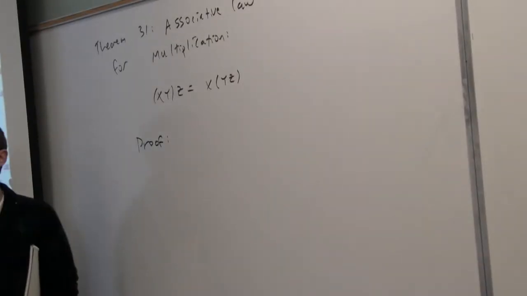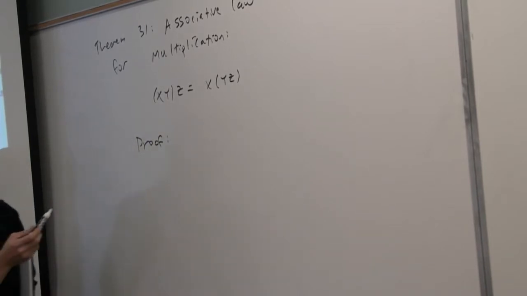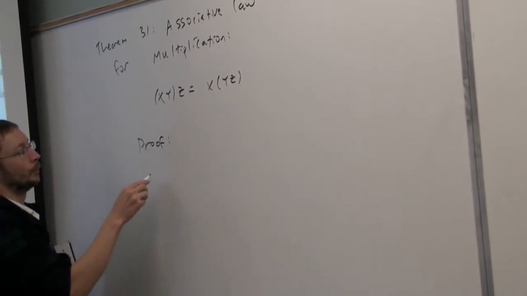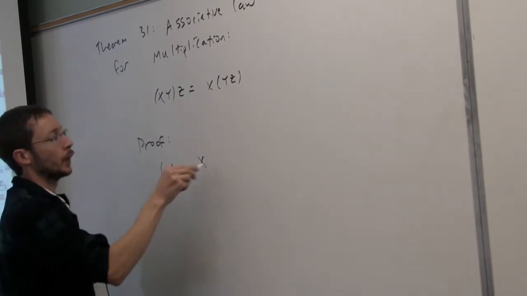If you think back to the proof of the associative law for addition, this proof is essentially word for word identical. We're just going to replace sum with product. So we're going to let x and y be arbitrary.